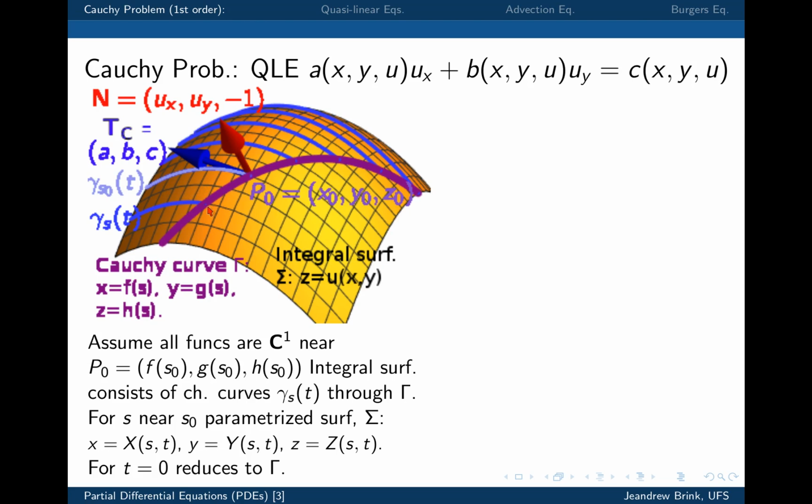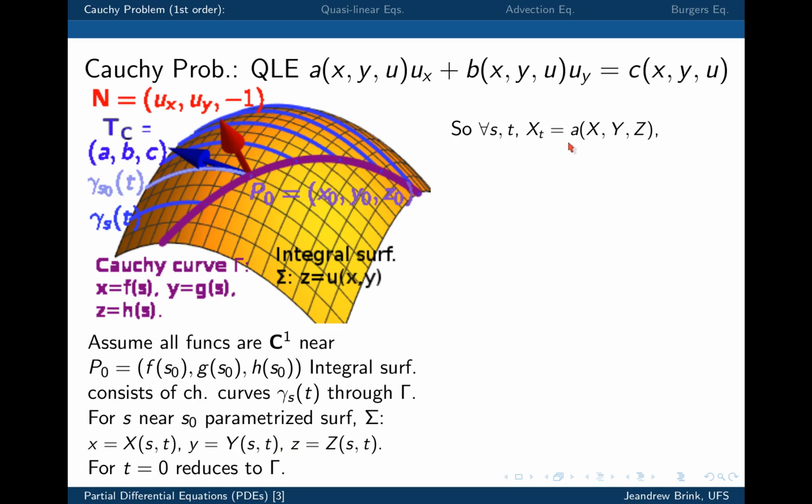So what we've done is choose our coordinates to be adapted to the Cauchy curve to make the analysis easier. For all S and T, the description of X, Y and Z is given by this, because we know that the surface is swept out by our characteristic curves.